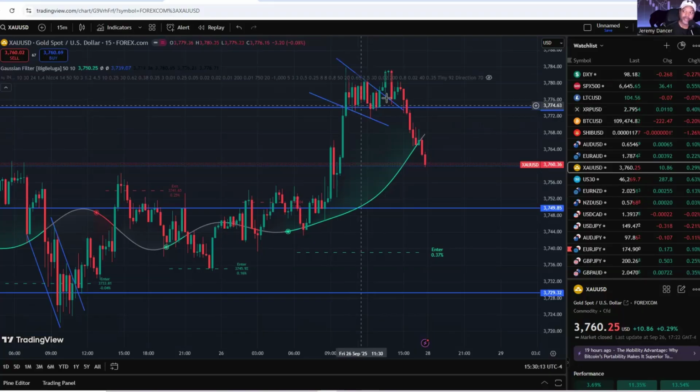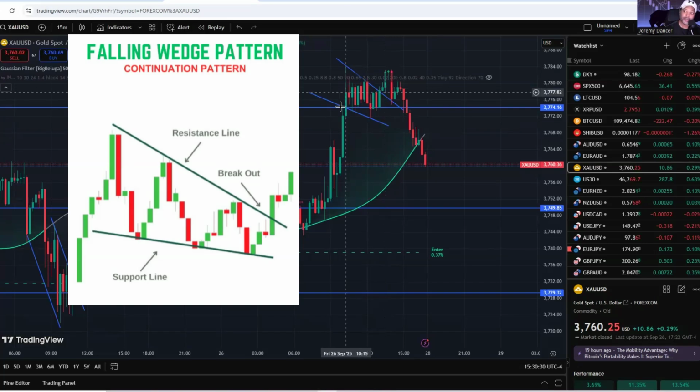For example, this right here is a falling wedge, and a falling wedge is a bullish reversal pattern. Once you see the candles break the resistance line, that's going to signal an uptrend. On top of that, this is also a bullish pennant. If you factor in these candles right here, this would be the pole, and then this would be the pennant.